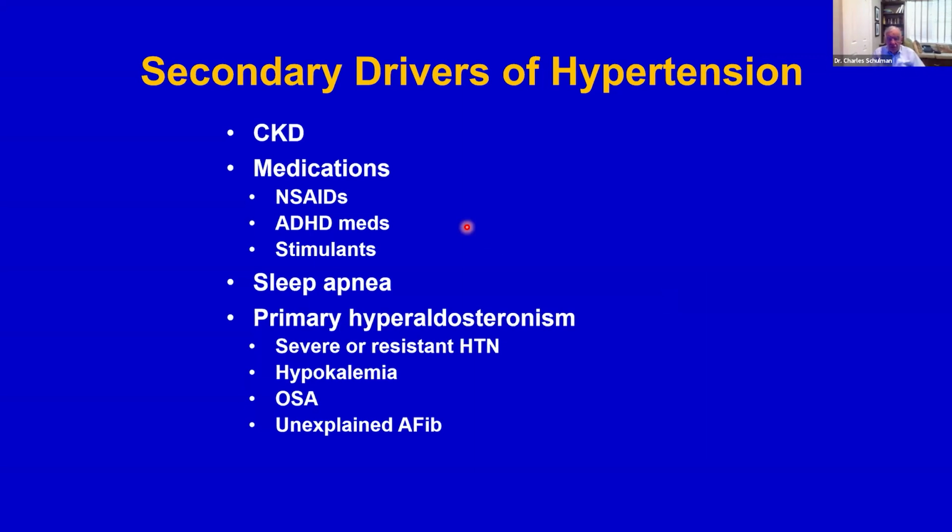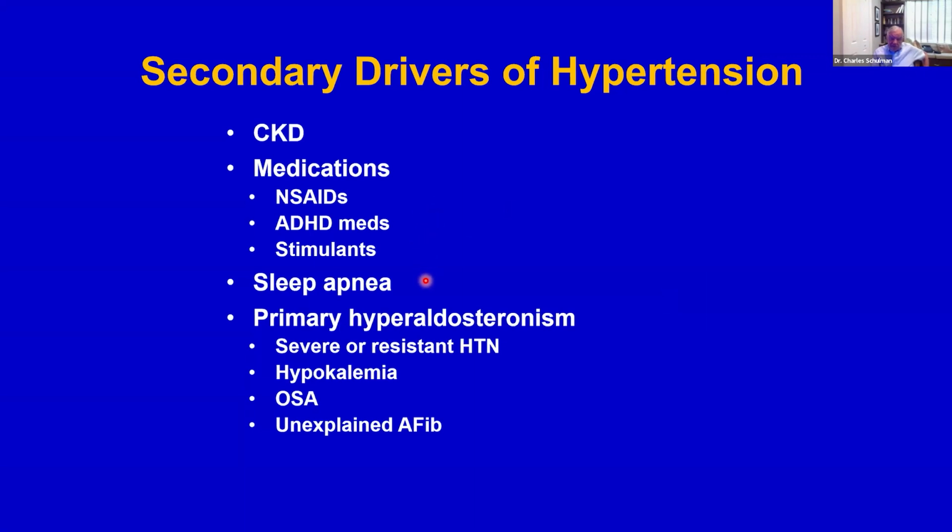If somebody takes two ibuprofen, because they have a pain somewhere one day, that's not going to do it. But if they're taking ibuprofen every day, that is going to be a problem. ADHD meds, other stimulants are other culprits.